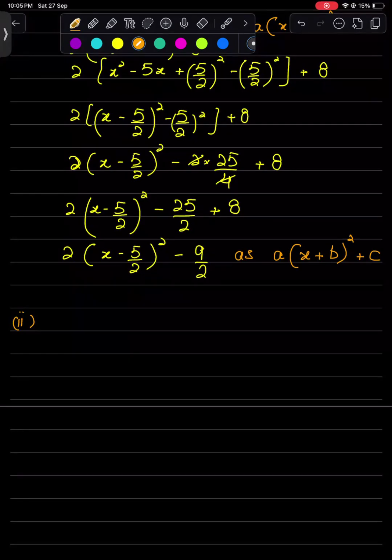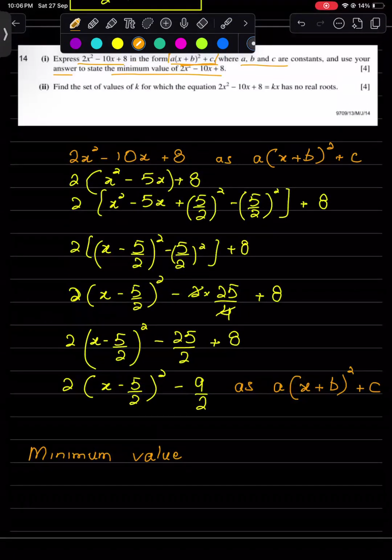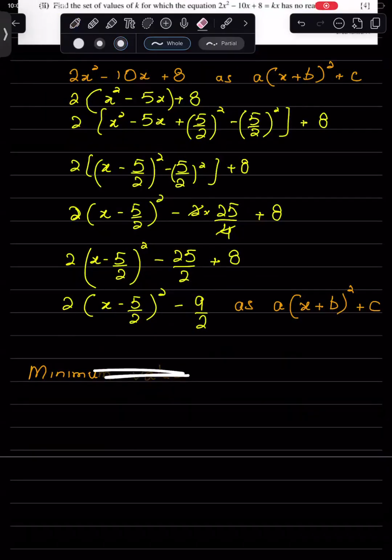Now the minimum value part of the same question. What is the minimum value? 5 over 2 and minus 7 over 2.